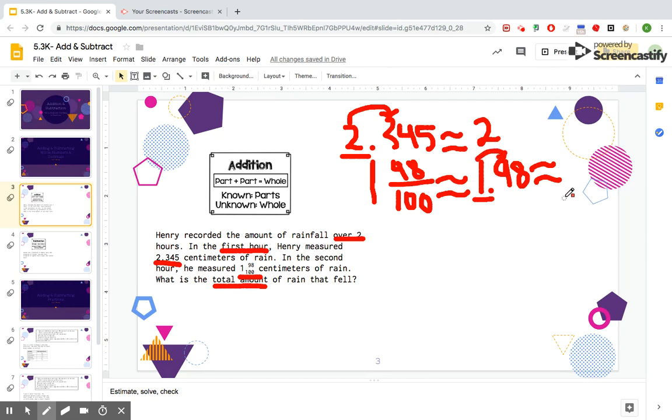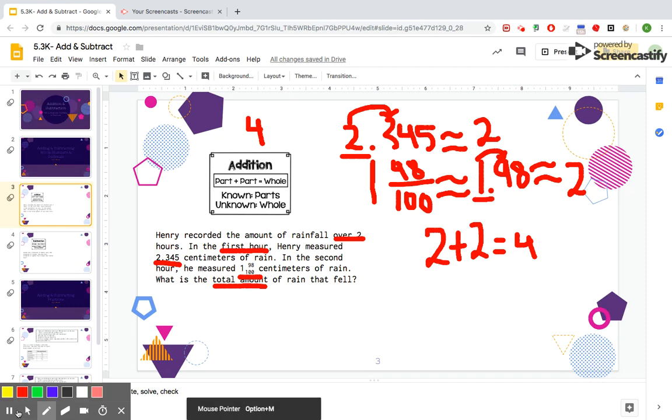Well, obviously I'm going to round that up. My 1 is going to become a 2. So 1 and 98 hundredths is about 2. I know that 2 plus 2 is equal to 4. So I would say that a pretty good estimate for the answer of this problem would be 4.